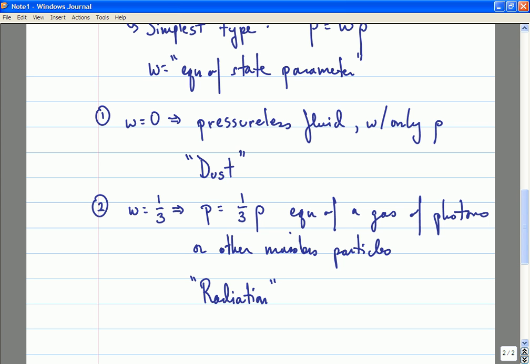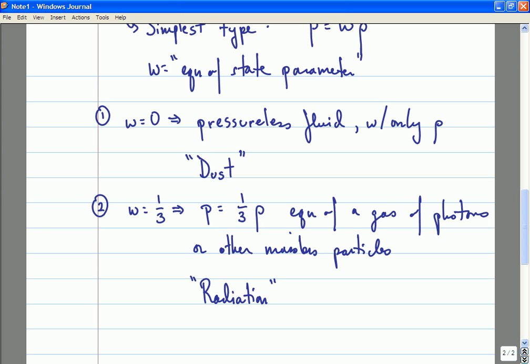So as we'll see in our discussion of cosmology, even though right now radiation makes up a very small fraction of the energy density of the universe, at very early times it made up a sizable fraction of the energy density of the universe. And so it's a very important contribution that you have to take into account if you want to study the evolution of the universe according to general relativity at early times.